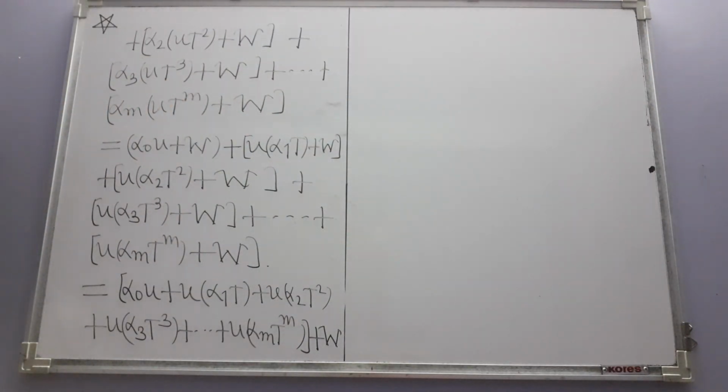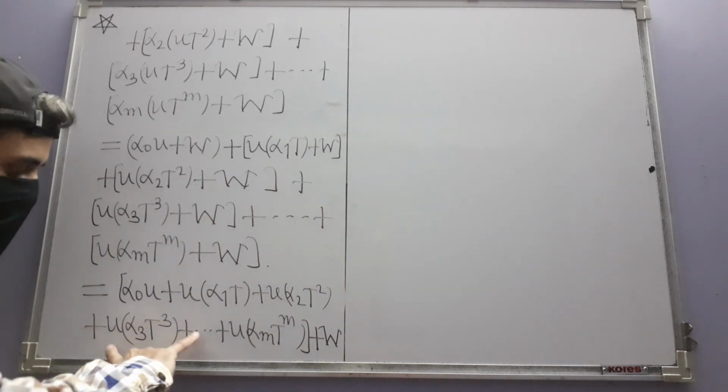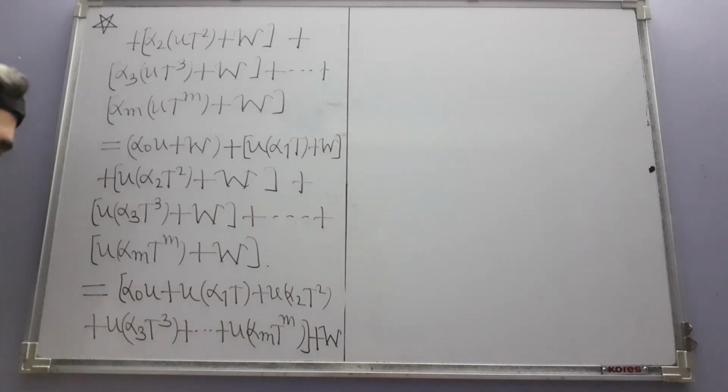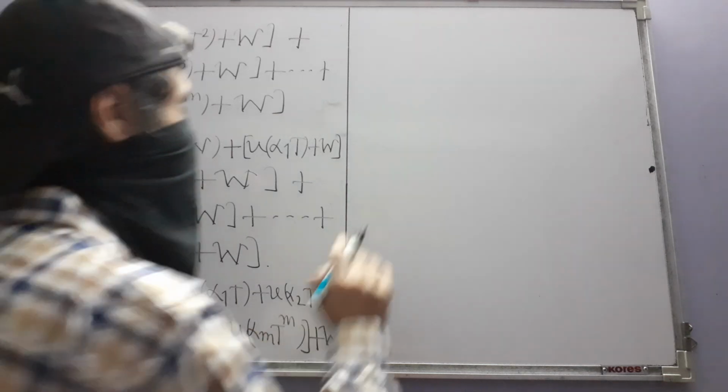All right. So now you can forget about W. I mean, keep writing W outside, but all our concentration now is on this sum. Now, can I not write this entire sum like this?